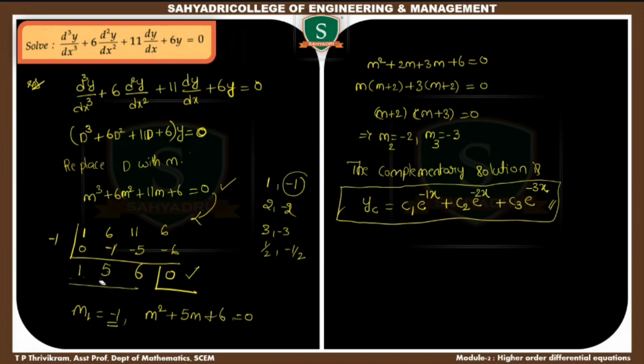In synthetic division, what you'll do? You'll reduce the higher order equation into a lower degree equation, right? A cubic equation you'll convert into multiplication of a linear root and a quadratic equation. That only I did here.